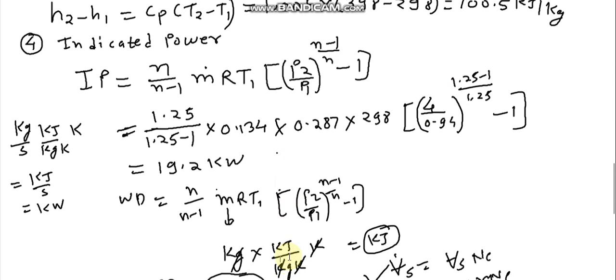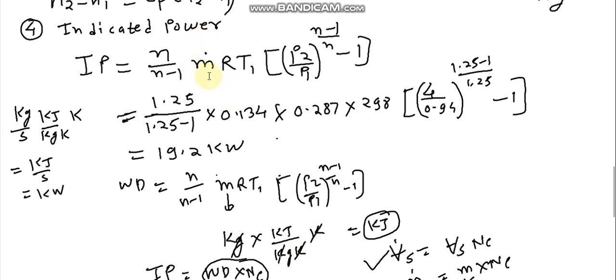If you see the units, m dot is kg per second, R is kilojoule per kg Kelvin, and T1 is Kelvin, so kg cancels, Kelvin cancels, and we get kilojoule per second. We will get the direct answer in kilowatt. Put the value in kilojoule, we get the answer in kilowatt.